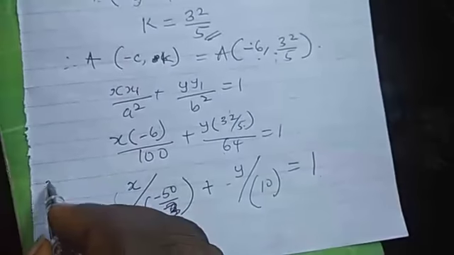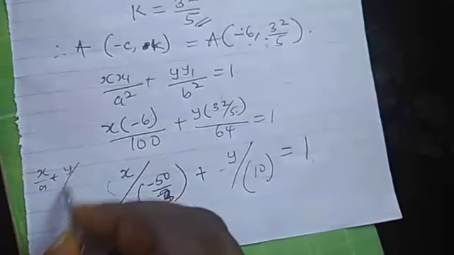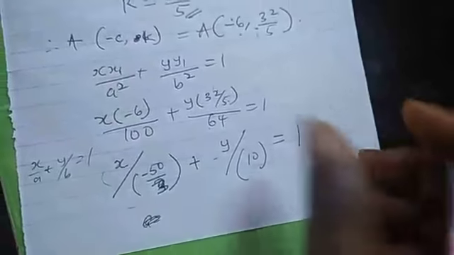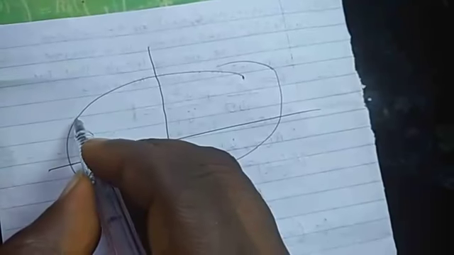You remember I gave you something like this: x over a plus y over b is equal to 1. This is the coordinate of the axis. So my coordinate of the axis, if I decide to draw it, this is the ellipse. This is the focus, which is minus 6, 0, and this is the point of contact here.